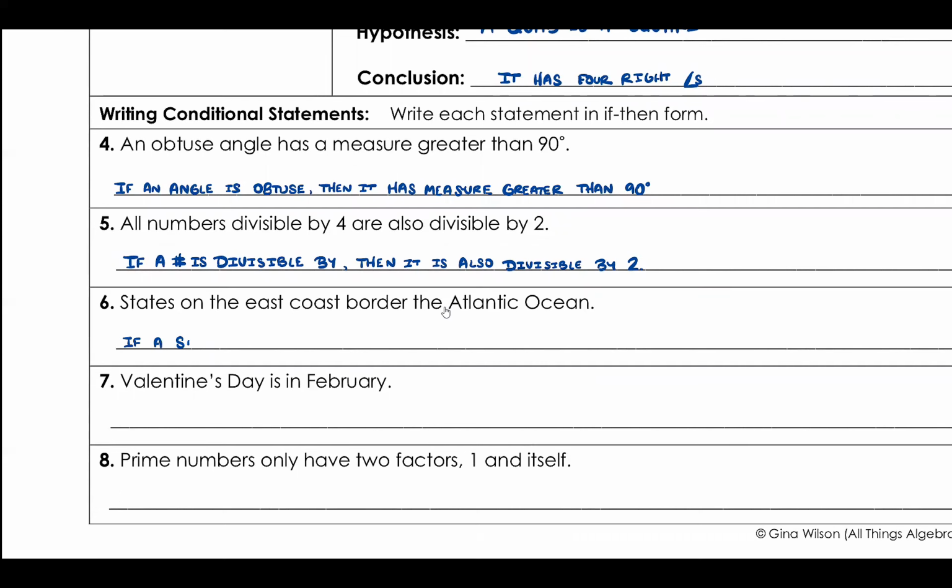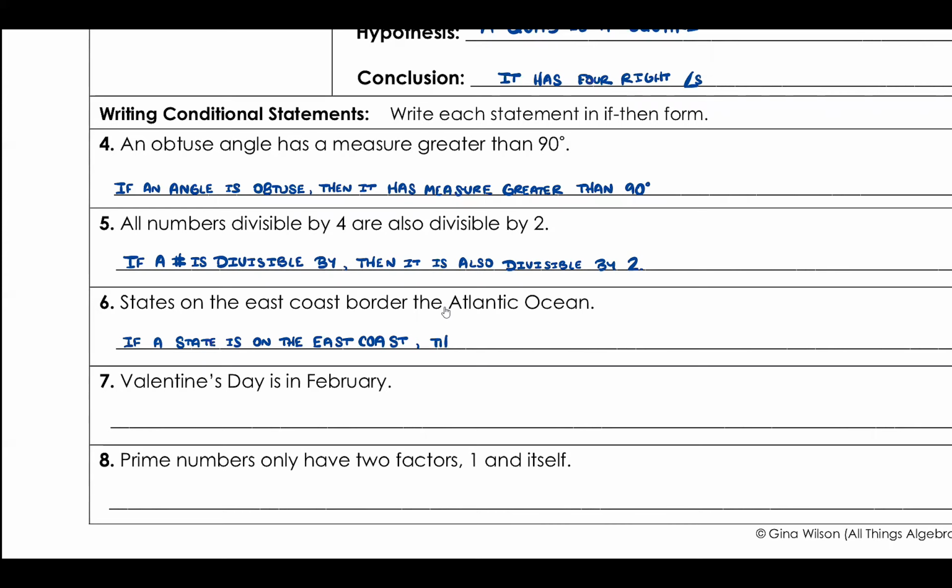If a state is on the East Coast, that takes care of my hypothesis. Then, what was it?